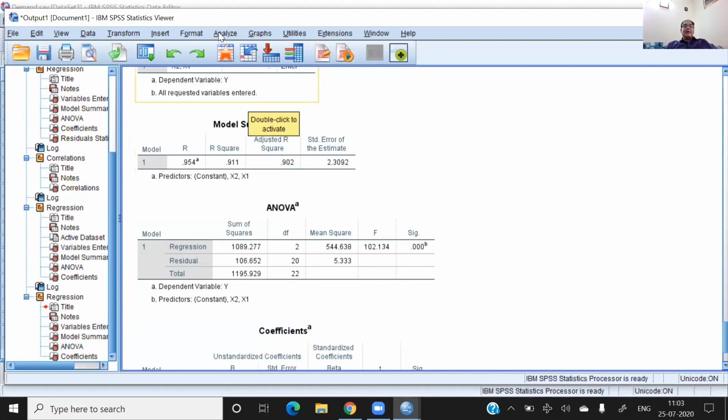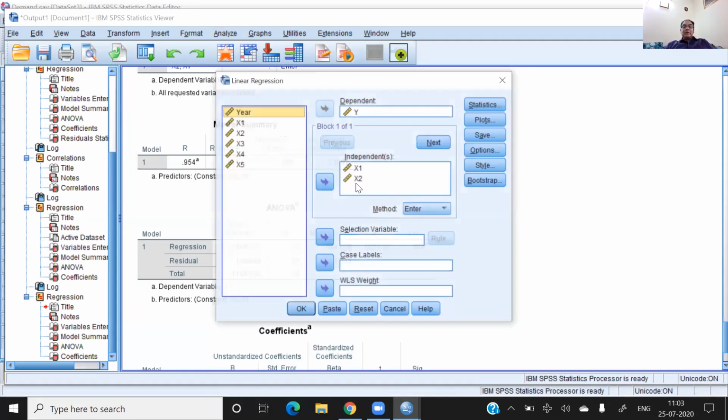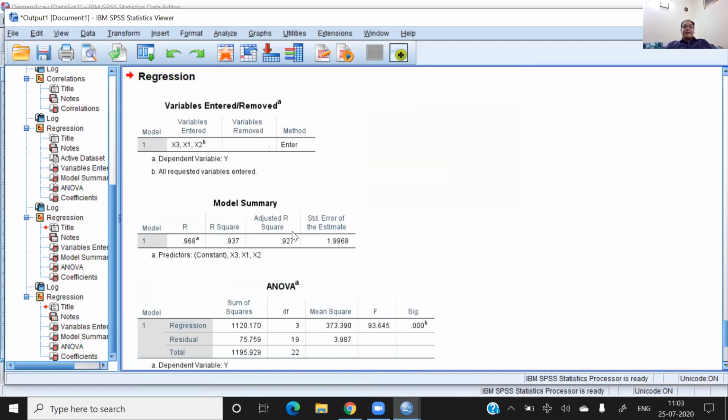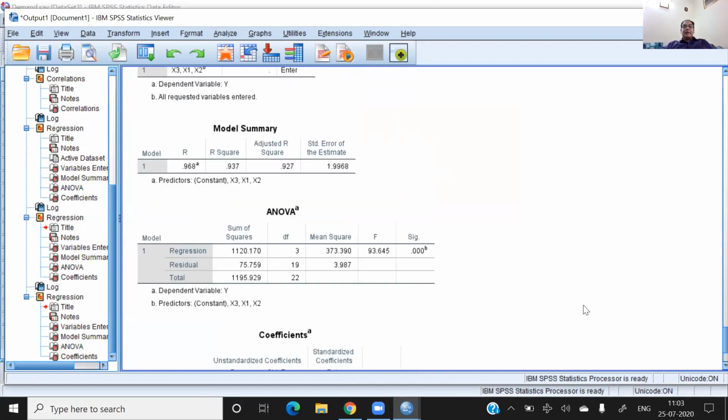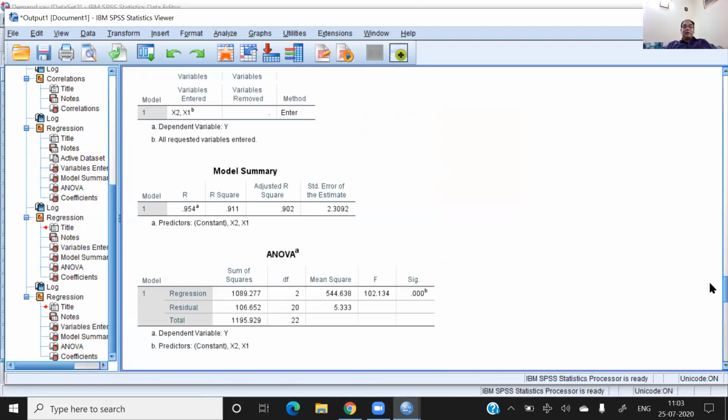Similarly, let me add one more variable. Now I'm going to add x3 and we'll check whether I should keep it or not. In this case, it is increasing to 92. So it means this variable is also important. This is 927 and the previous value was 90.